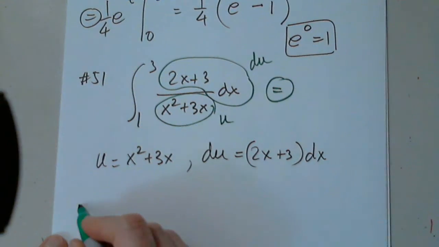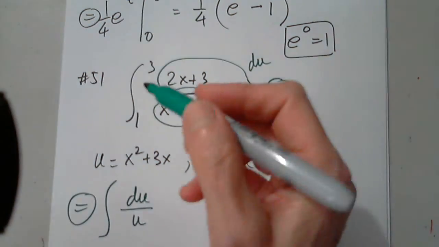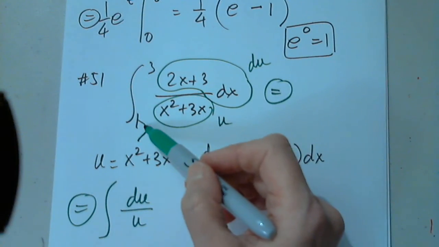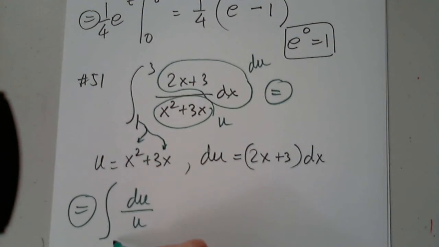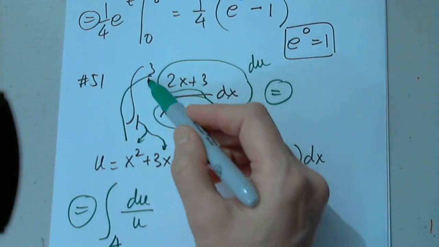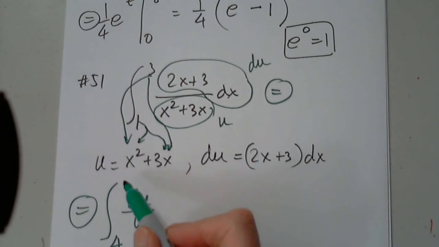Awesome. Do not copy the limits of integration. I have du over u. So now, careful. What is the lower limit for u? 4. Excellent. What is the upper limit for u? 12.